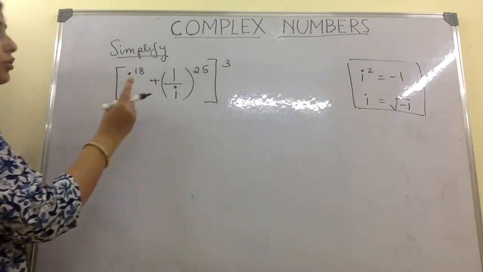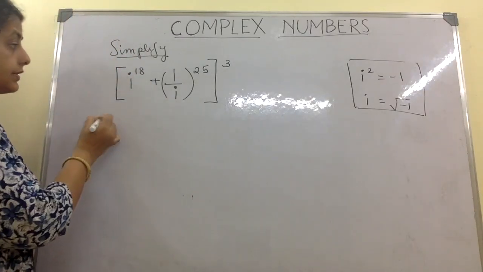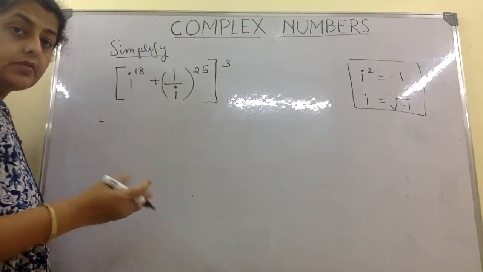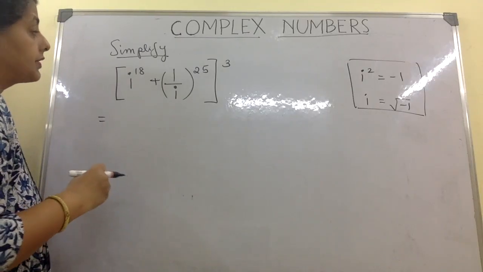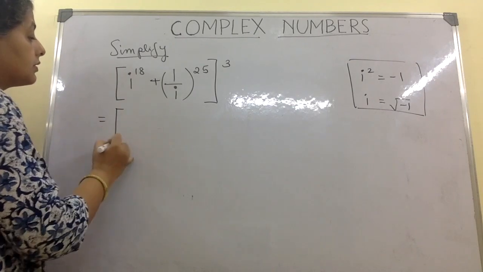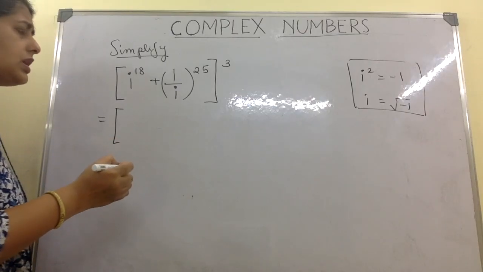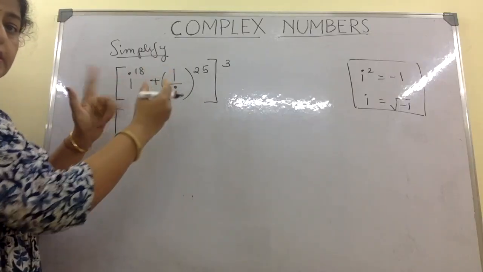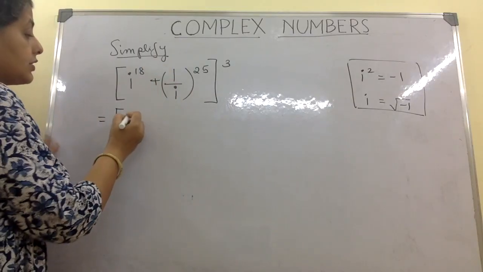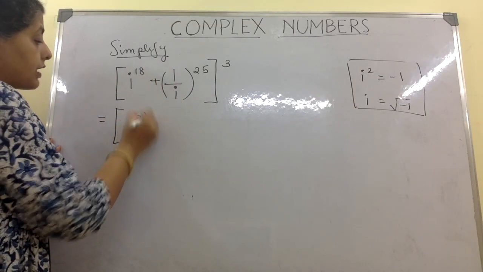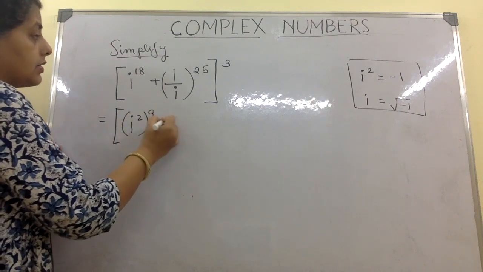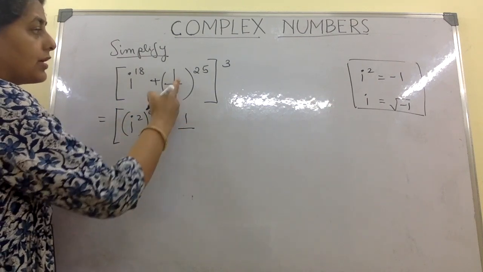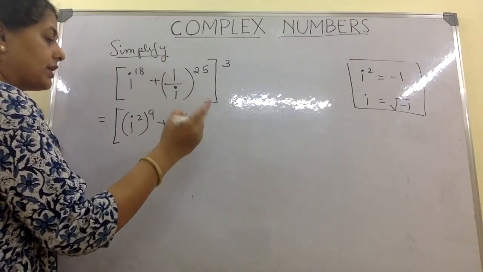Now how do we simplify this? This is very complicated. So what do we do with this? Here we will first ignore this, okay, and we'll try to work inside the bracket. So here i square to the power 9 plus 1 by 1 to the power 25 is 1 only.